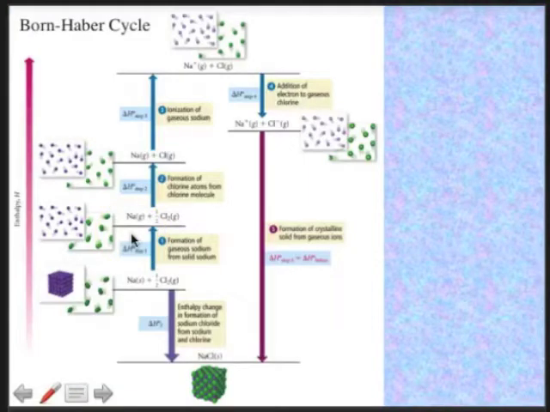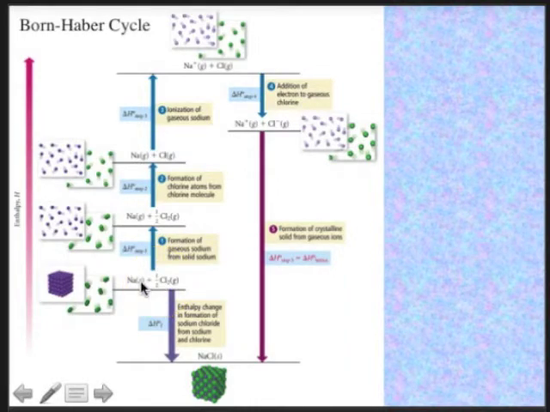Okay, the steps involved in the formation of an ionic compound from a metal and a nonmetal are worked out in something called the Born-Haber cycle, and there are 5 different energy steps involved in this transformation. We start with sodium metal as a solid and chlorine as a gas.